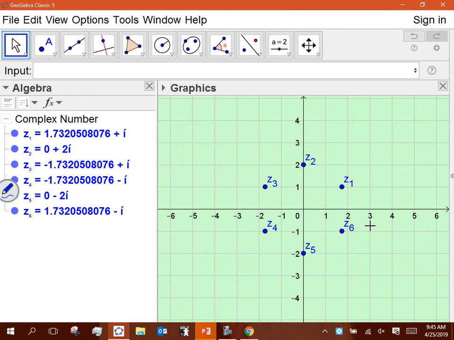Okay. So let's do one more. I'm vaguely remembering doing this. I should have tried this with GeoGebra before today. I just figured it was going to work. Maybe I've got an updated version of GeoGebra that took it out or something. But I swear I remember last year typing in negative 64 plus 0i as z sub 1, and then raising it to the 6th power, and it generated all 6 roots.